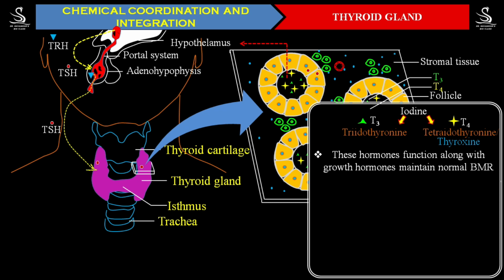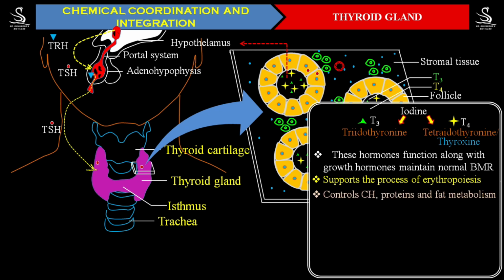Yes, they also help our normal growth. Not only that, students, the T3 and T4 hormones also support the process of erythropoiesis, meaning the blood formation process, and these hormones also help control carbohydrate, protein and fat metabolism in our body.